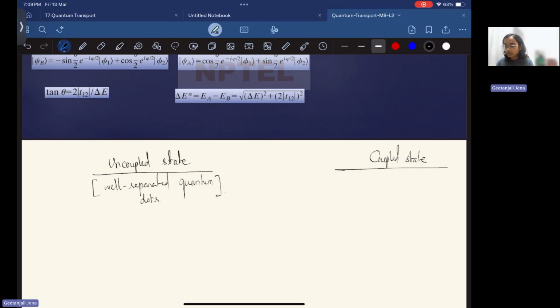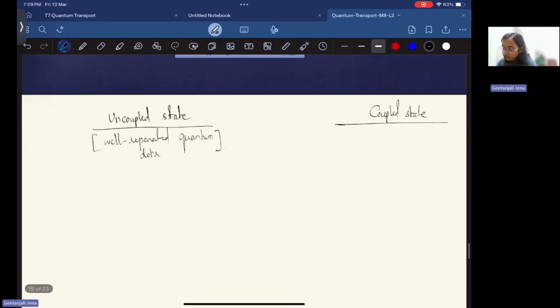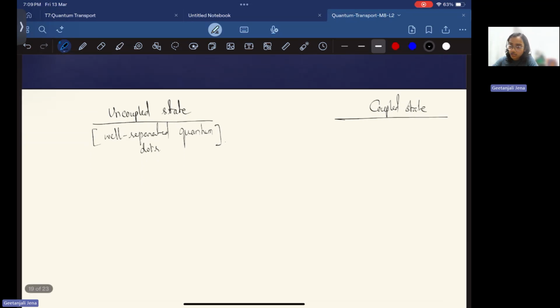This is where we bring this particle, the quantum dot, to a certain distance so that they can couple with each other. Okay. So for the well separated quantum dots, let's say we are focusing on a two level system. So we have two quantum dots, which earlier are widely separated from each other.